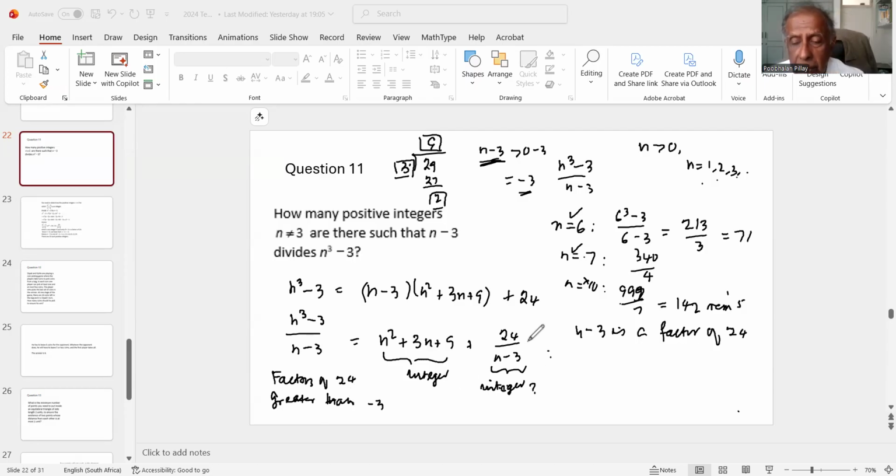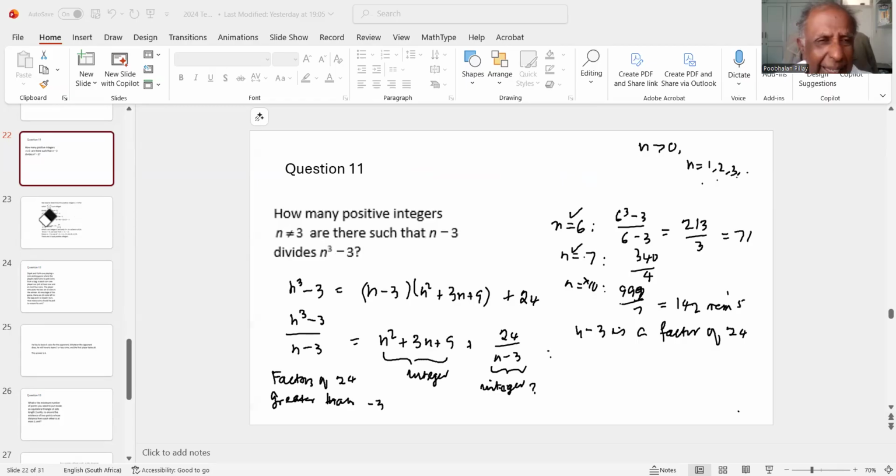All right, so let's look at the factors. You see, negative numbers are also factors. Like, for instance, factorization means you're multiplying two integers to get your number. 15 is equal to negative 3 times negative 5.